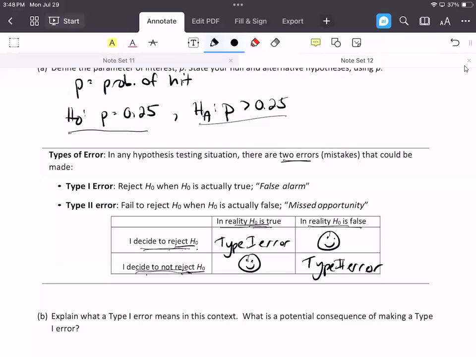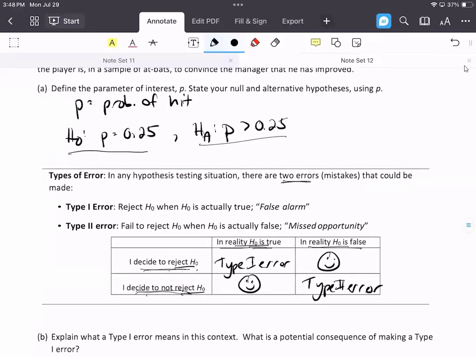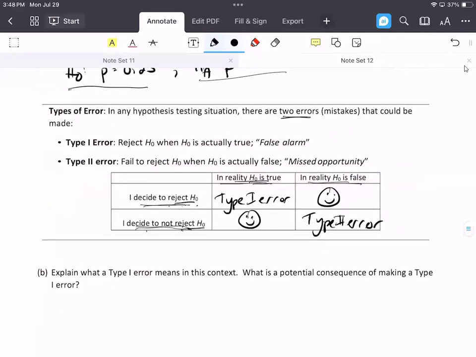Now explain what a type 1 error means in the context of this example. What potential consequence of making a type 1 error would occur here? So this is with the batting power. Type 1. Okay, he actually is a 0.25 batter, so he has not improved and it's rejected. So the manager thinks he's improved, but he hasn't.